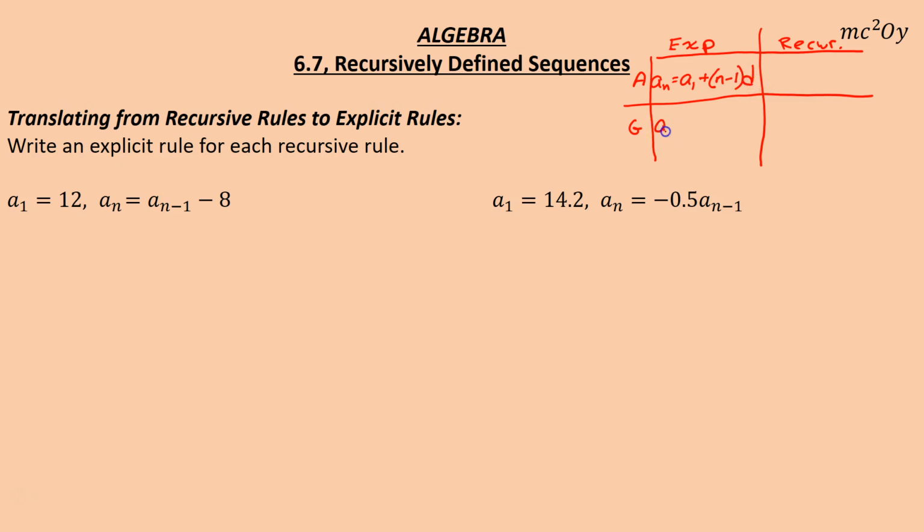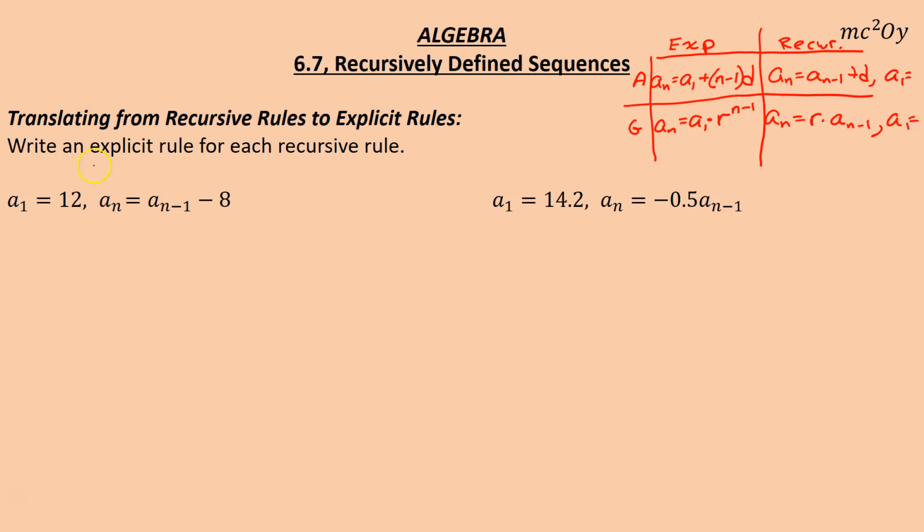And then the geometric, a sub n is equal to a sub 1 times r to the n minus 1 power. Okay. Recursive, a sub n is equal to a sub n minus 1 plus d, and then we need to know what a sub 1 is, so we make sure we list that, and then a sub n is equal to r times a sub n minus 1, and once again we need to know what a sub 1 is. Okay, so there we've got it.